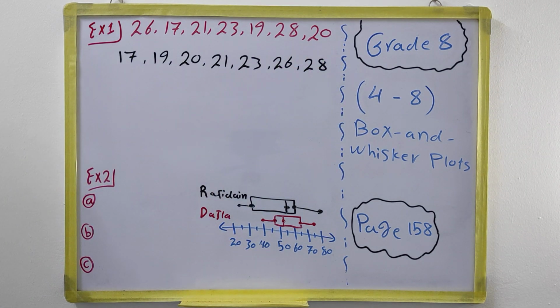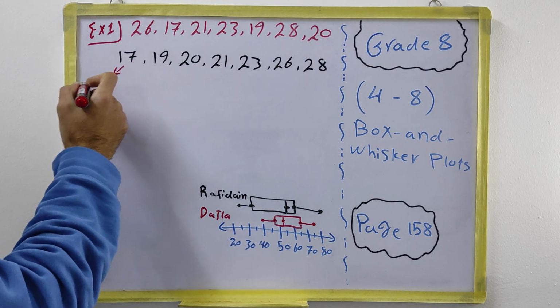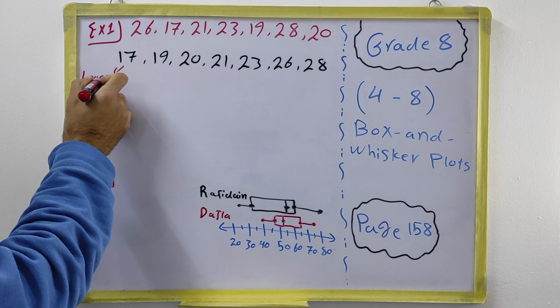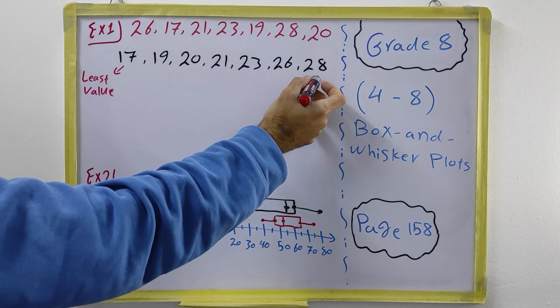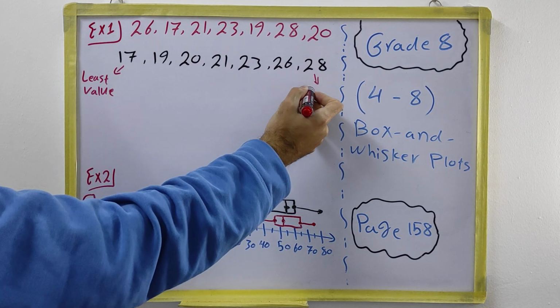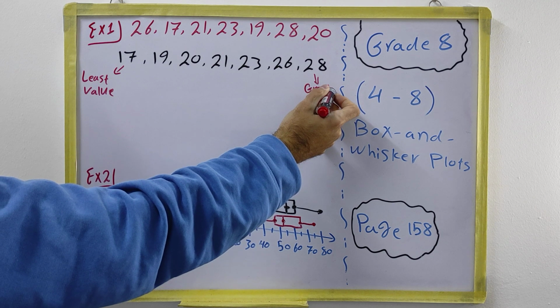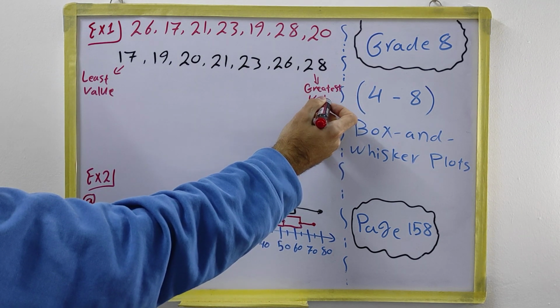In this set of data, we always show the smallest number that we have. We can say smallest value or least value, and greatest value, the greatest value in the set.